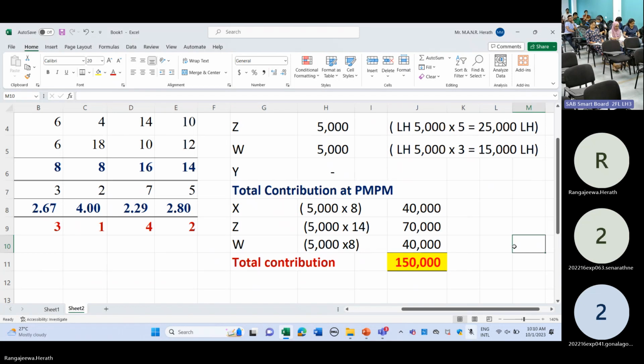Labor hours are limited to 50,000. The maximum total contribution is 150,000.